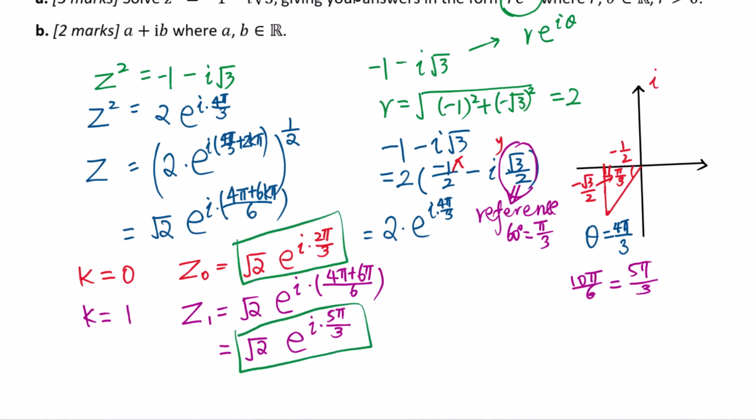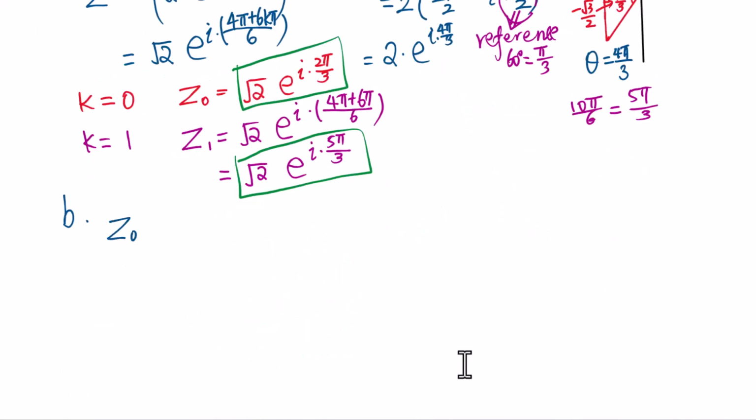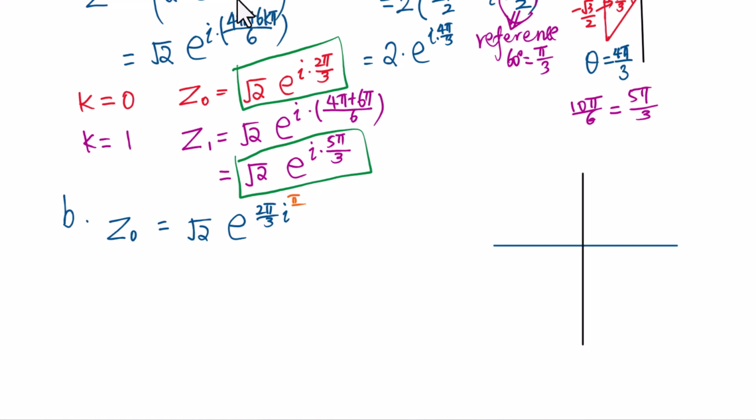Let's go to B. We need to change this into a plus bi form. z0 equals square root of 2 e to the power of 2 pi over 3 i. Let's sketch the graph. 2 pi over 3 goes to the second quadrant. Reference angle is pi over 3, 60 degrees, away from the x-axis.